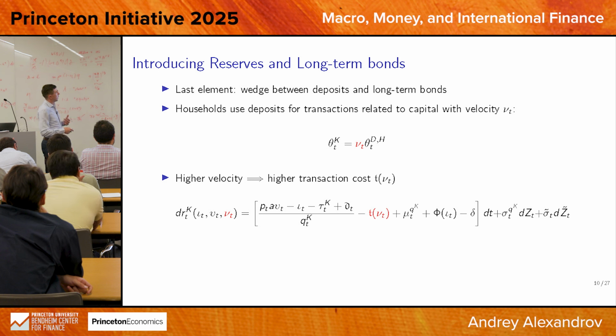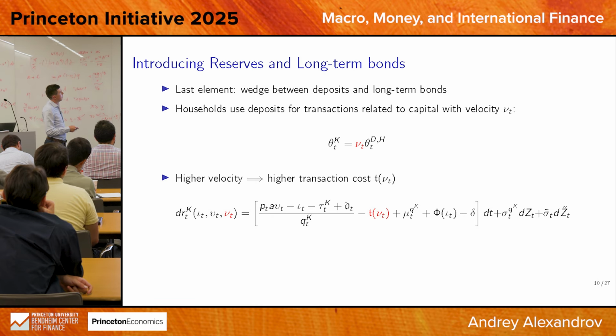Again, what turns out to be analytically convenient is a transaction cost on velocity. So what we're assuming is that you need deposits as a household. You need deposits for transactions related to your capital, and you're going to use these deposits with some velocity nu. If you have this much capital and this much deposits, then your velocity is just going to be the ratio between the two.